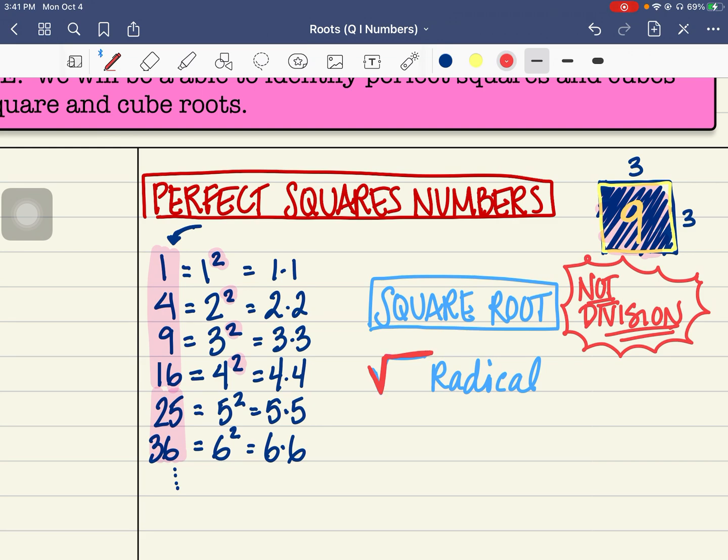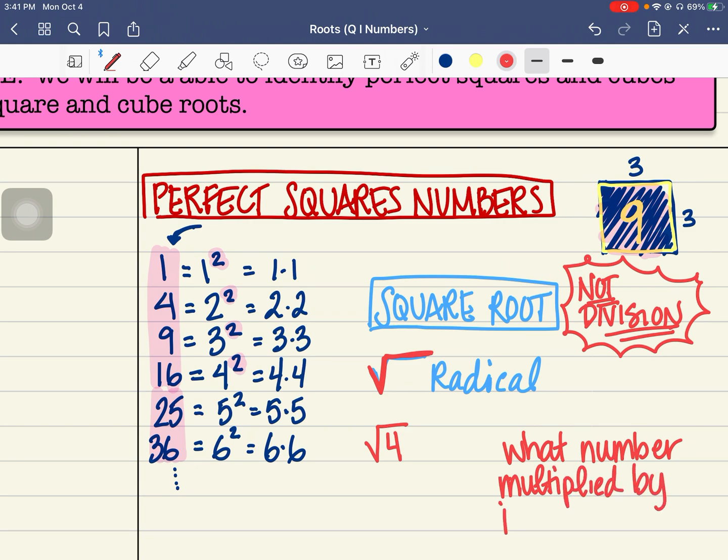So we want to ask ourselves, if I take the square root of 4, what number multiplied by itself gives me 4? And that's when we go over here and think about our perfect square numbers. Here's 4.